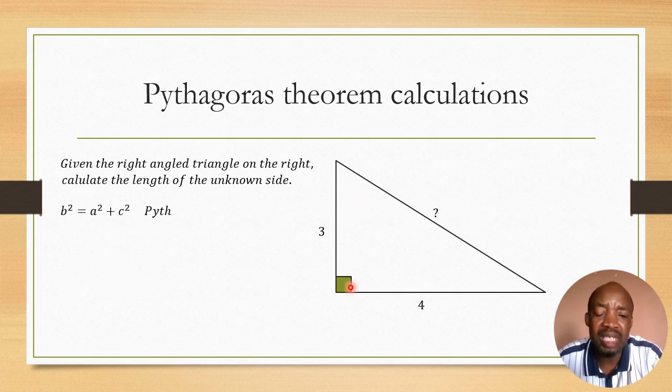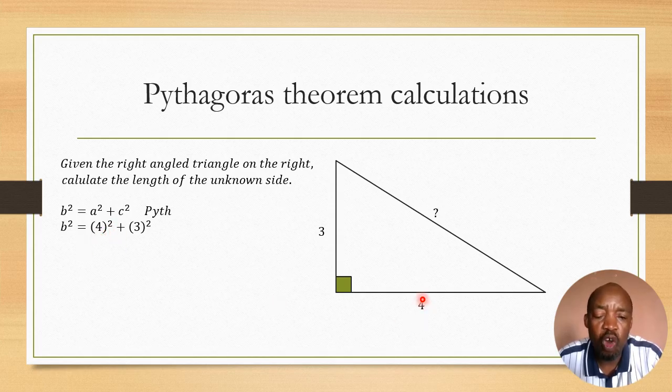One, because it is a right-angled triangle, one of the angles is 90 degrees. I am going to be using the theorem of Pythagoras. The hypotenuse squared is equal to the sum of the squares of the other two sides. Now, I substitute.